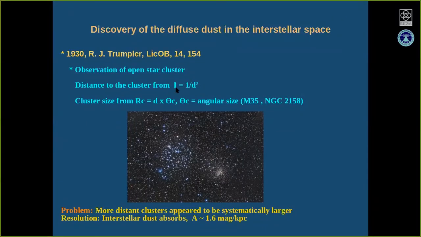So this intensity is already tempered by the interstellar dust, and so whatever distance he is getting is not the true distance. That is the reason why distant clusters appear to be systematically larger. So this is the starting point. From observation, people came to know that interstellar dust always absorbs. This is nothing but interstellar extinction.